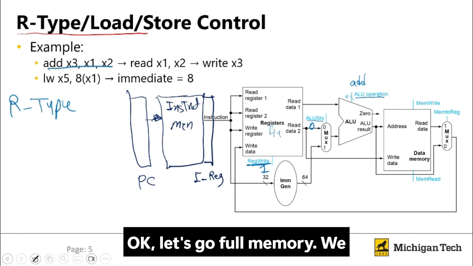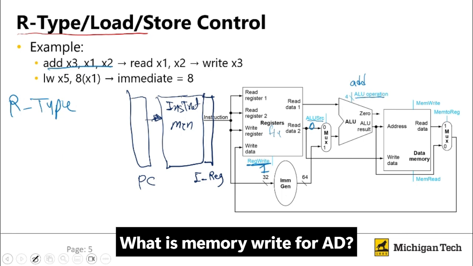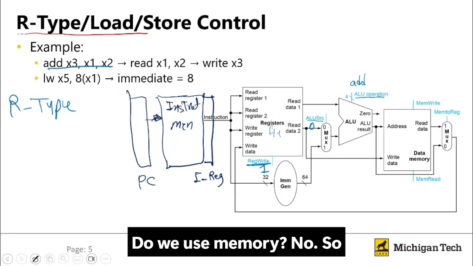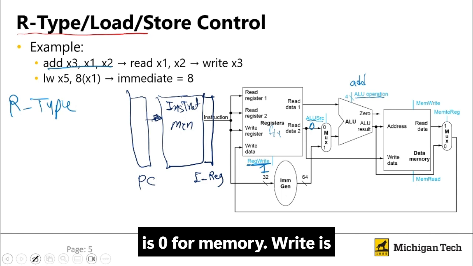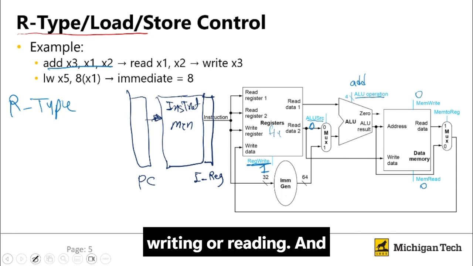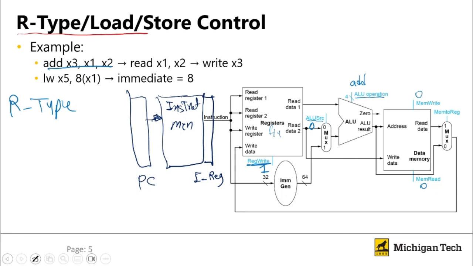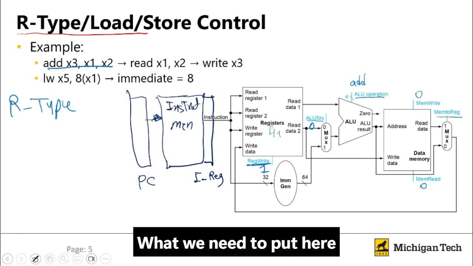Okay, let's go for memory. We have memory write and memory read. What is memory write for add? Do we use memory? No, so it's 0. Memory read is also 0, because we don't need writing or reading. And what about memory to register? What do we need to put here?